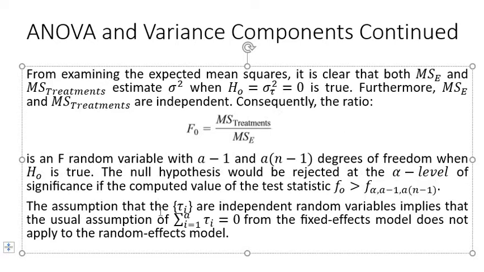The assumption that the tau sub i are independent random variables implies that the usual assumption, remember this, the summation of tau sub i as i goes from 1 to a levels is equal to 0, the assumption in our first lecture, part 1, from the fixed effects model, does not apply to the random effects model.